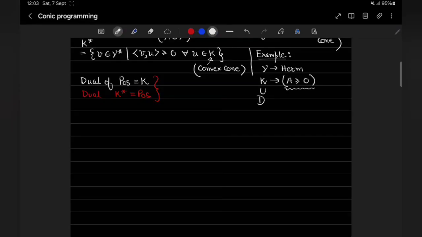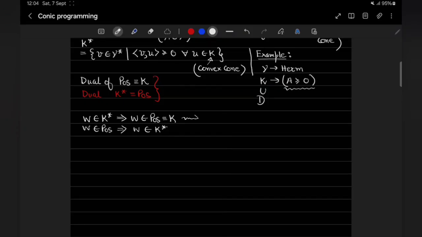The way to prove it is we take an element, suppose W. If W belongs to K star, then W belongs to POS, which is also K, and likewise if W belongs to POS, then W belongs to K star. Here POS is the K set.